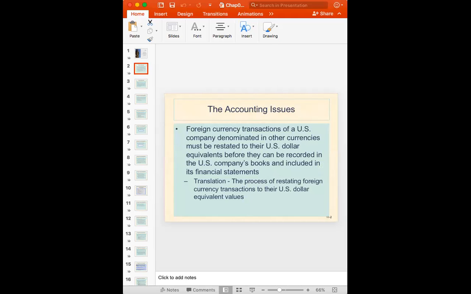We talked about the situation when companies, either large or small, end up depending on international markets for buying goods or selling their products and services.